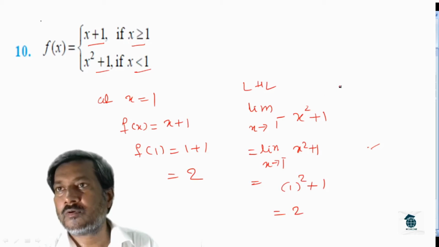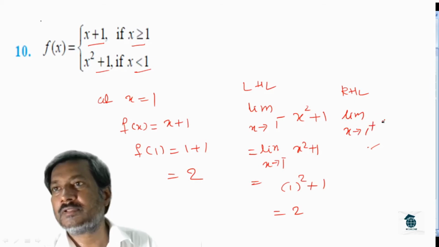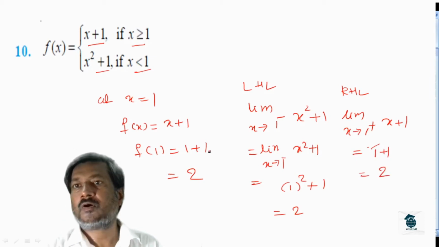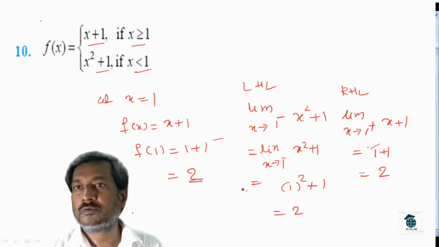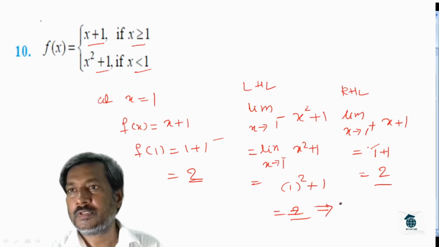Now go for RHL, limit x tends to 1 plus. Greater than 1 means the function value is x plus 1. Substitute the point, 1 plus 1, this equals 2. Observe here f(1) equals 2, LHL is 2, RHL is 2, therefore f(x) is continuous.